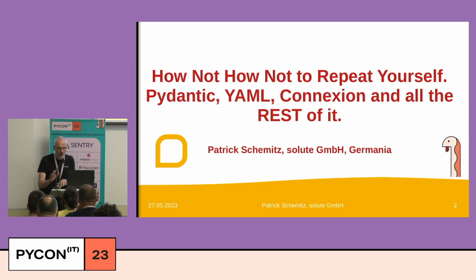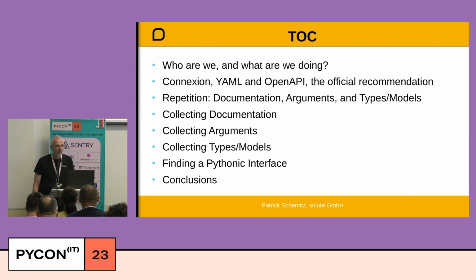So, how not to repeat yourself in the context of a REST API with Connexion, YAML, OpenAPI, and Pydantic. A short tour of what we are going to talk about in the next half hour. A brief overview of the company I work for and the project. What is Connexion and how is it supposed to be used?